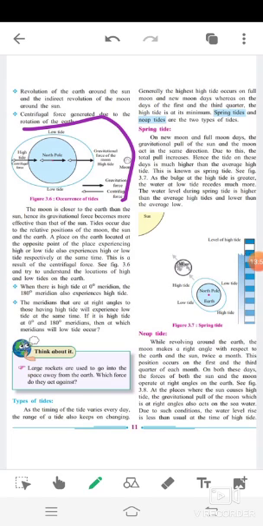So on the first and the third quarter of each month, the forces of both the sun and the moon operate at right angles on the earth, leading to neap tides. Neap tides are a little lower than the average high tides and higher than the average low tides.